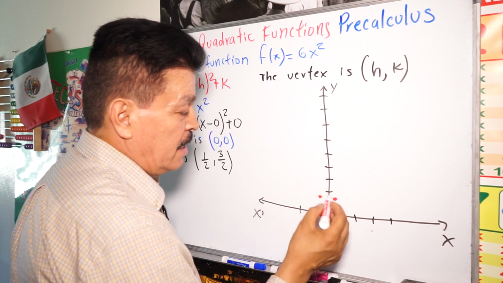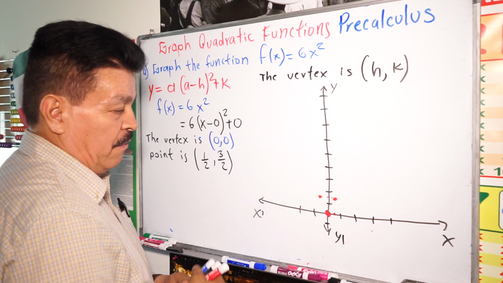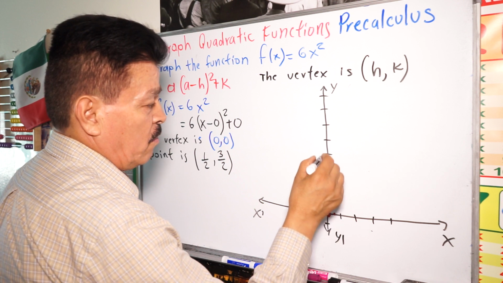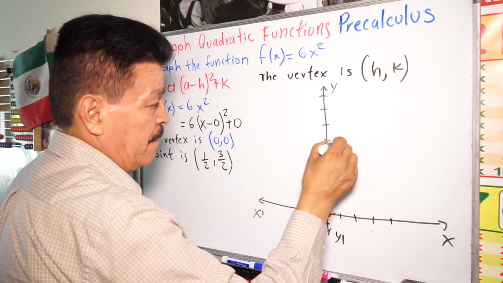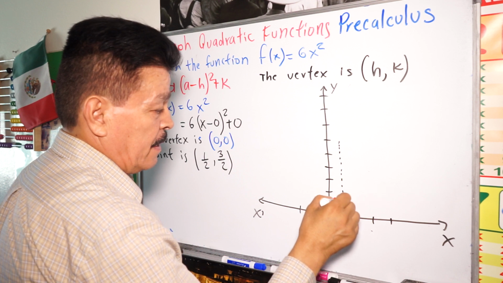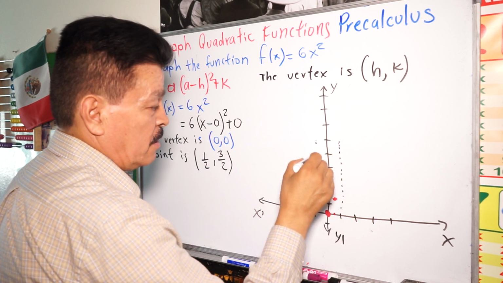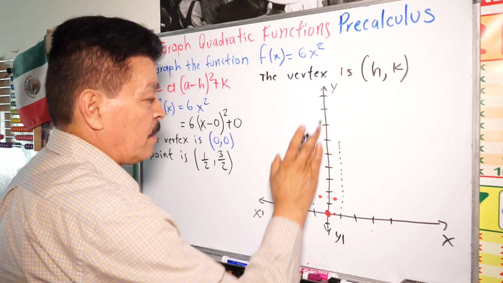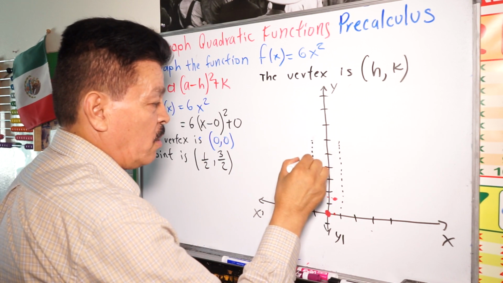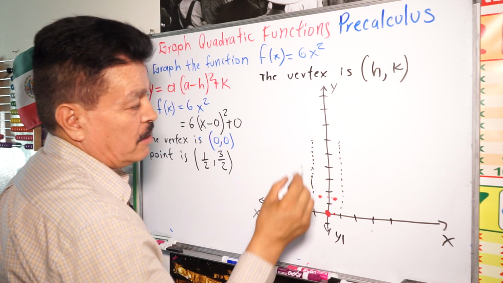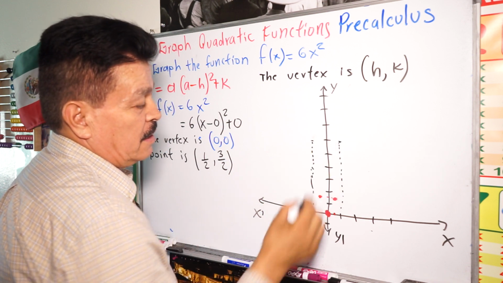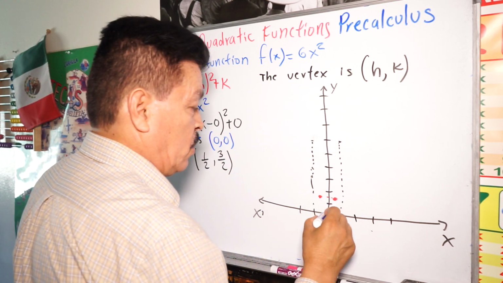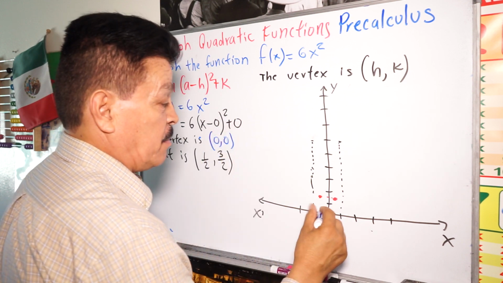That's enough to build the graph. Our graph touches another point right here. If you are working on square paper or on your computer, your graph is going to look like this.